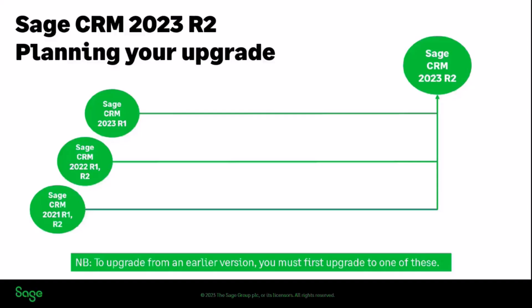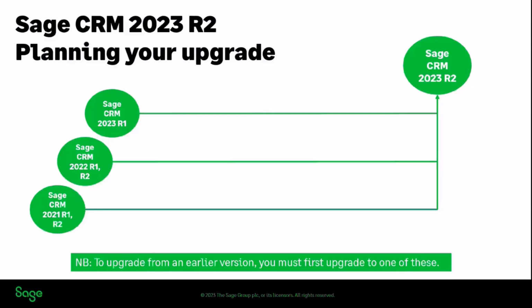So you can upgrade from either 2023 R1, 2022 R1 and R2, and 2021 R1 and R2. If you want to upgrade from an earlier version, then please upgrade to one of these first.